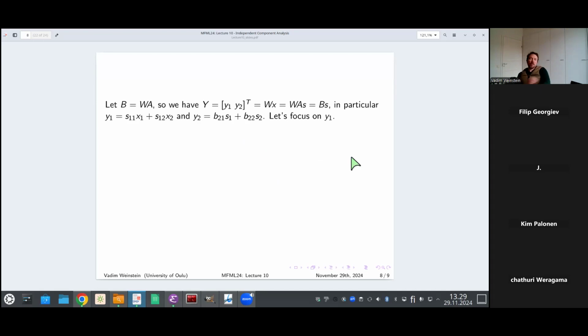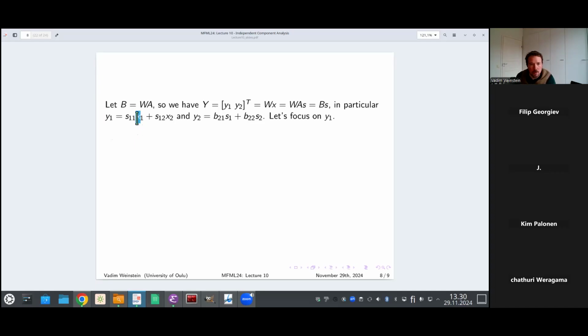Okay, so let's denote this W times A by a separate letter B. So this is the matrix B, and so now we have that Wx is the same as Bs, B times the signal. And in particular, now we rewrite Y1 and Y2. There's a mistake here, I'm sorry.